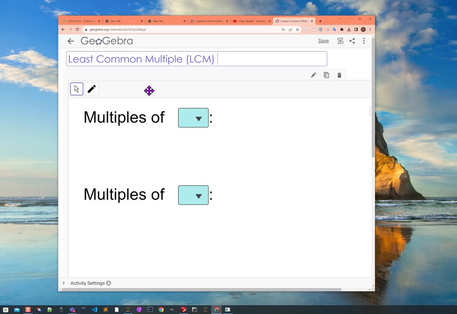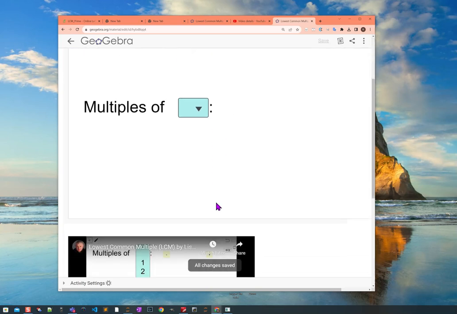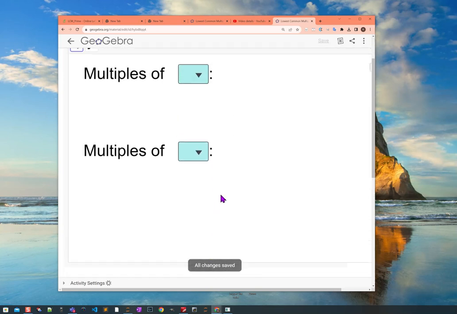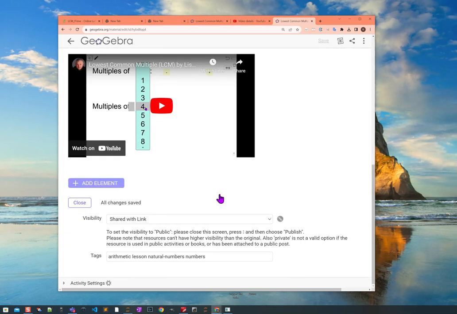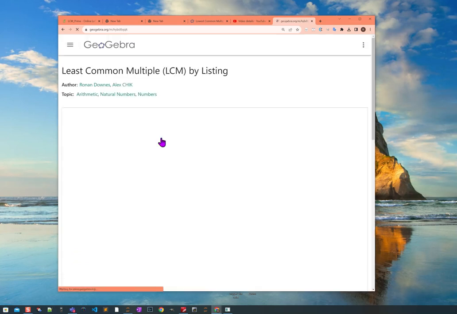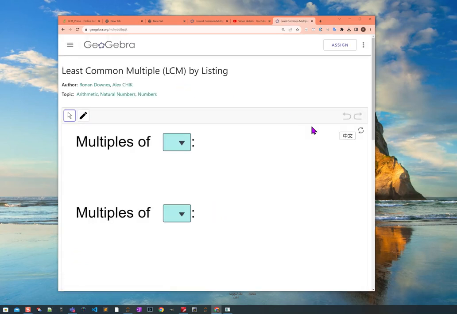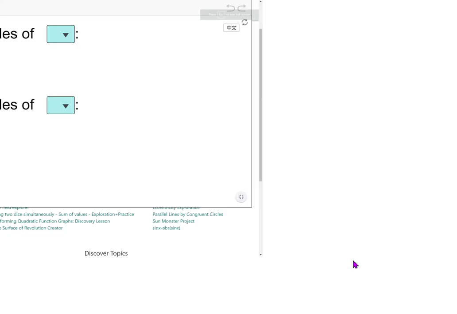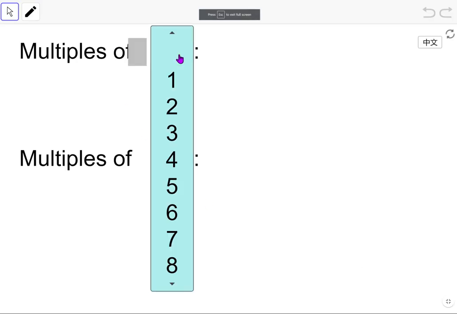Okay, and the method we're going to use is to list the multiples. We'll just say by listing. Okay, so let's see how it works.